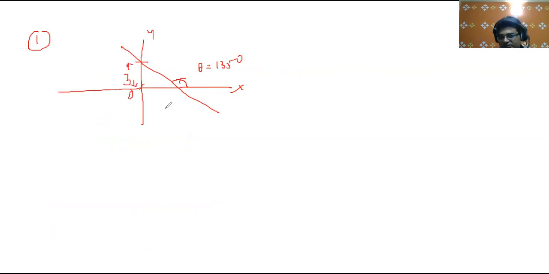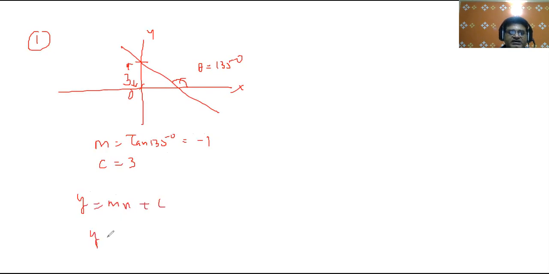Then what will be the equation? So you can see that m will be equal to tan 135, which is equal to -1, and c is 3. So we are using the slope intercept formula. So y is equal to minus x plus 3. So the equation is x plus y is equal to 3.